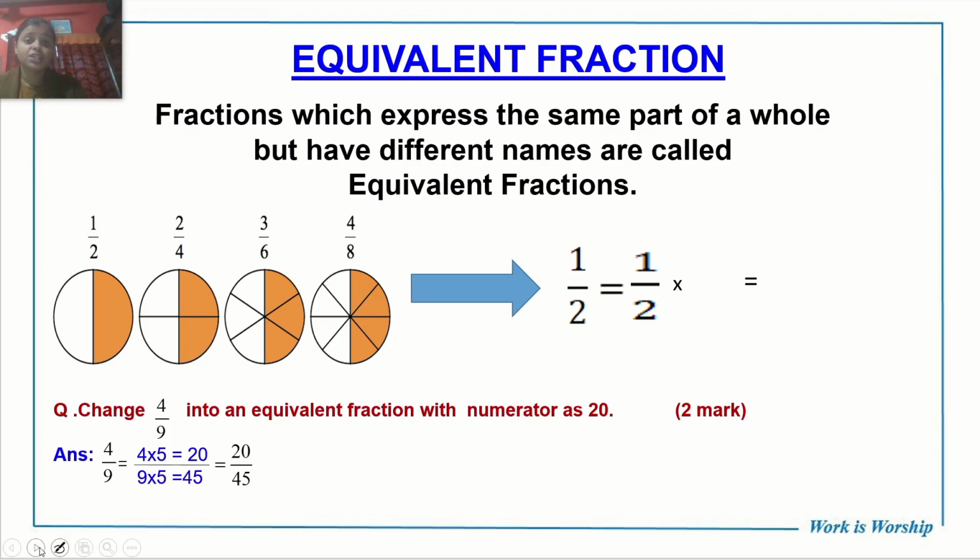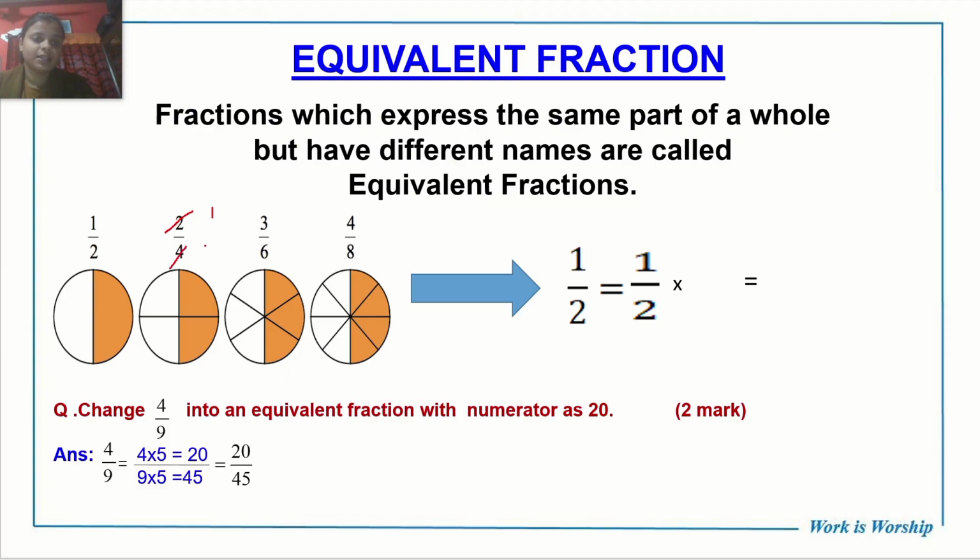Now, fractions which express the same part of a whole number but have different names are called equivalent fractions. Means, if we write 1 by 2, it is giving me 1 by 2 only. If we write 2 by 4, if we cut it by the table of 2, 2 ones are 2 and 2 twos are 4.